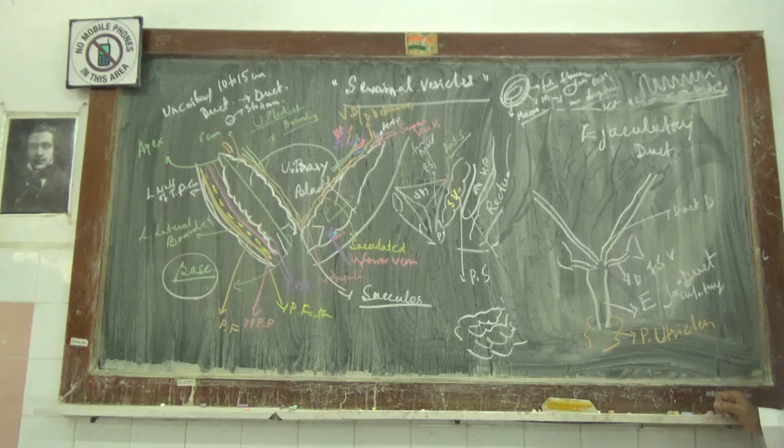Lymphatic drainage is to the seminal vesicular plexus of lymph vessels and lymph nodes, middle rectal lymph vessels and lymph nodes, and the prostatic plexus of lymph vessels, at the termination where the ejaculatory duct opens in the prostatic utricle, in the prostatic part of the urethra. So that is the lymphatic drainage.